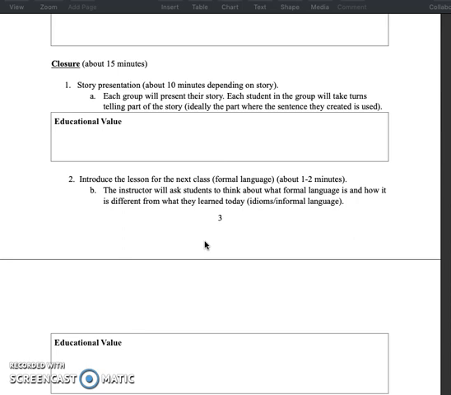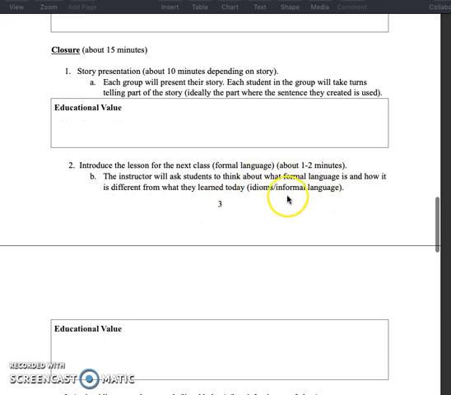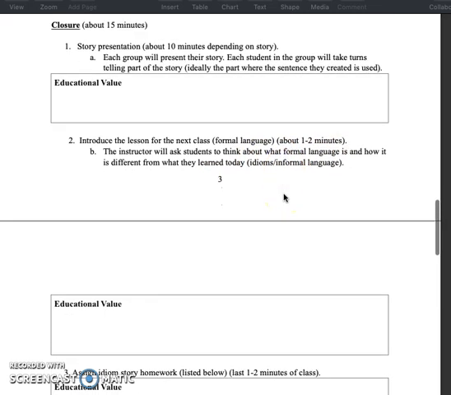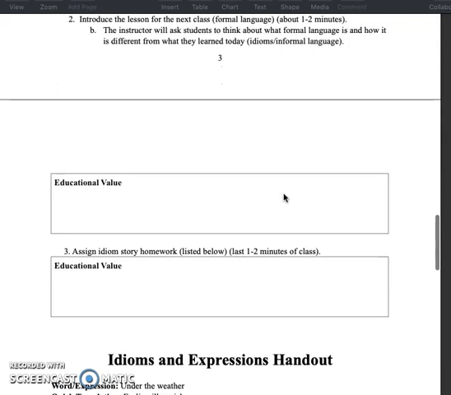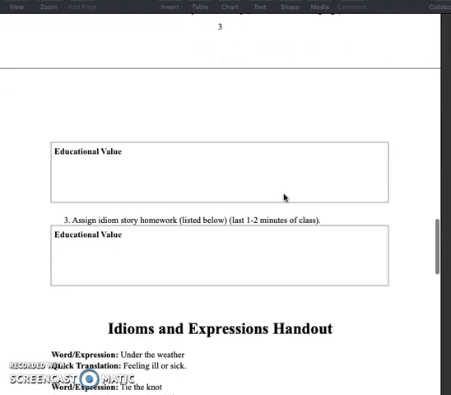And then for the next lesson, they talk about formal language. And that differs, of course, from idioms and informal language. So I like that you learn informal and then formal. In my opinion, I like that.